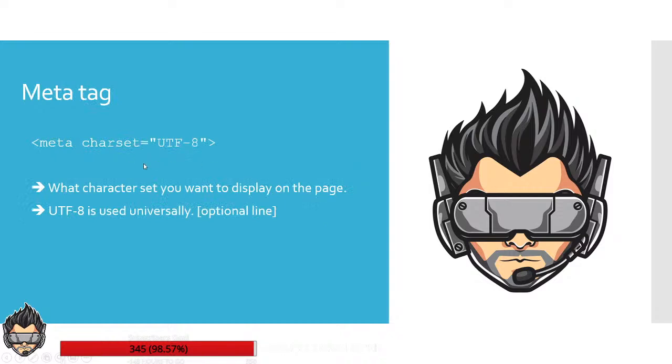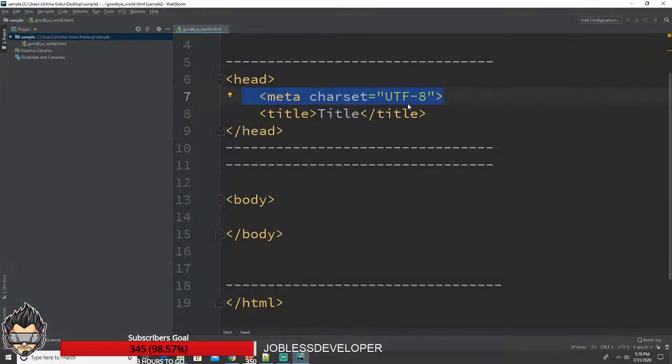It's called meta charset. It says that whatever character set you are displaying onto the page is a universally accepted one. UTF-8 character set is for English, to be displayed onto the screen. So this meta charset UTF-8 is an optional line.